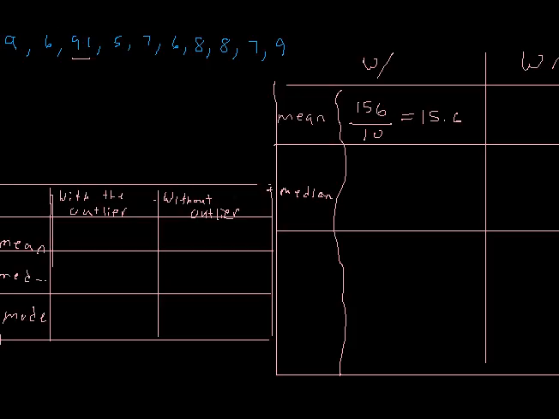So I'll get my blue back out here. I'm going to reorder these now, and my smallest number here is a 5. The next greatest number is a 6. I've got 2 6s here. So 5, 2 6s. Then I've got 2 7s and 2 8s.